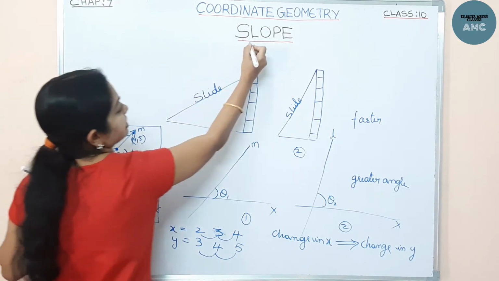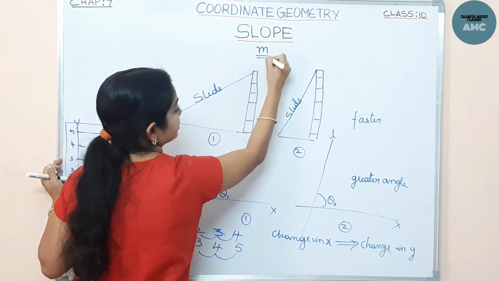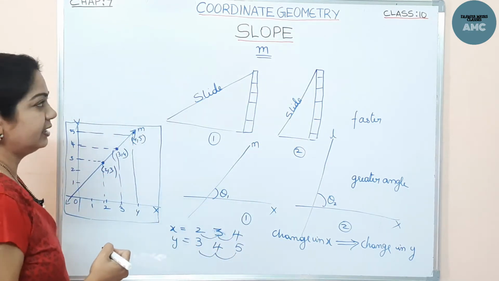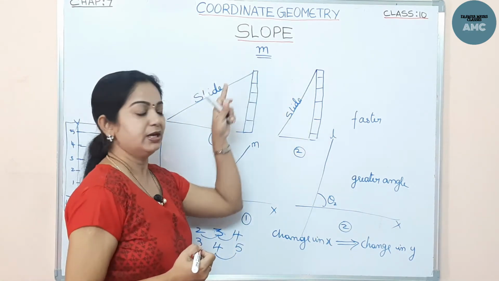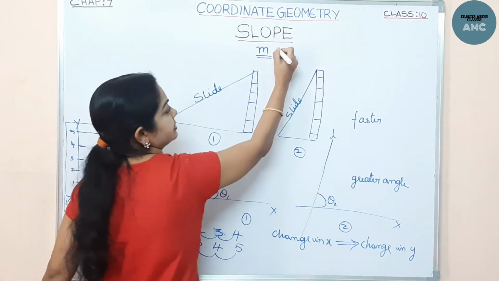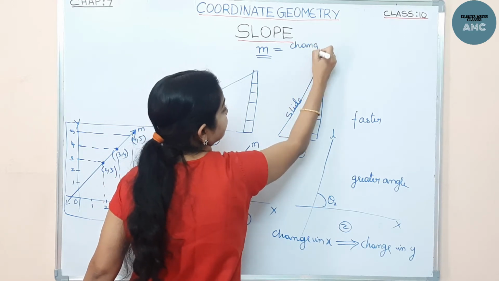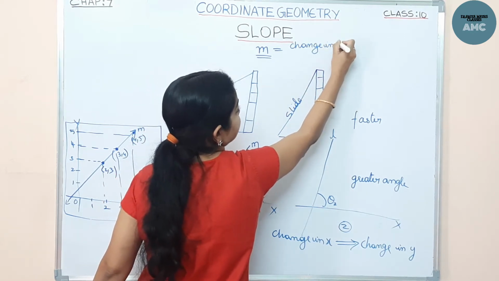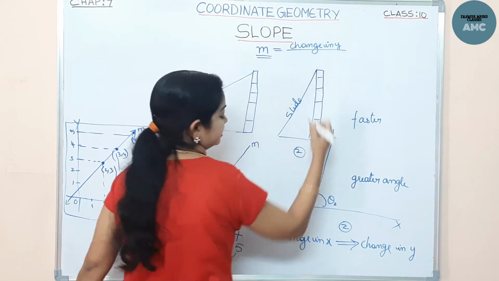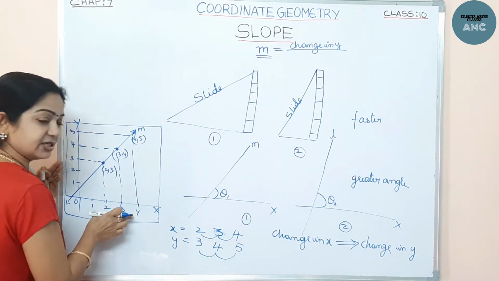Right, now we were discussing the slope. This slope is represented by small m. Now in the coordinate plane, the slope is derived as the change in y, meaning the change in the y coordinates, corresponding to the change in x.